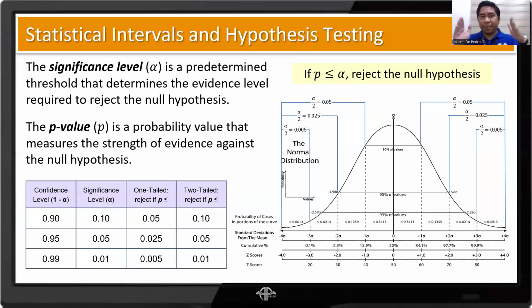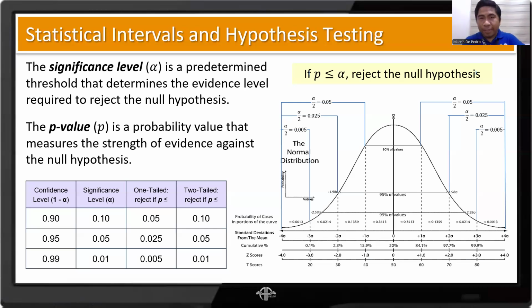The rest, if it's beyond -3 deviations or beyond +3 deviations, then we can reject that. If our test score or test statistic falls outside that region, then we can reject the null hypothesis.